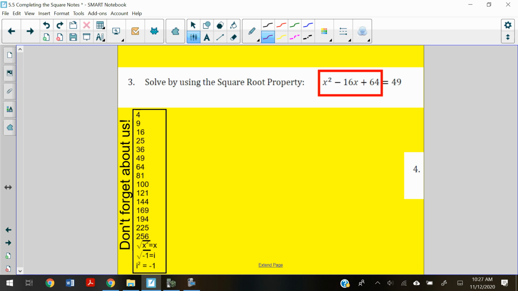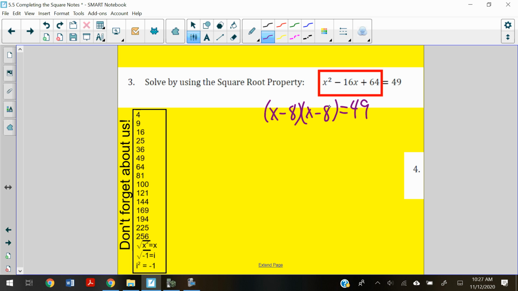Let's go ahead and look at this next one. Again, we're going to factor what's in the red box, and this is leading up to completing the square, you guys. What multiplies to 64 and adds to negative 16? That is going to become negative 8 and negative 8.